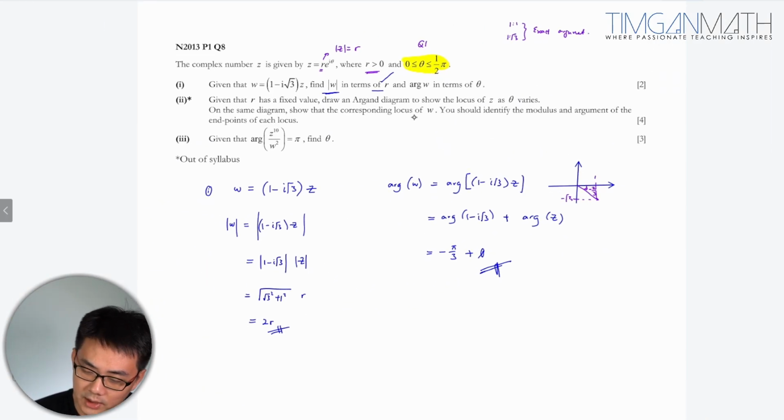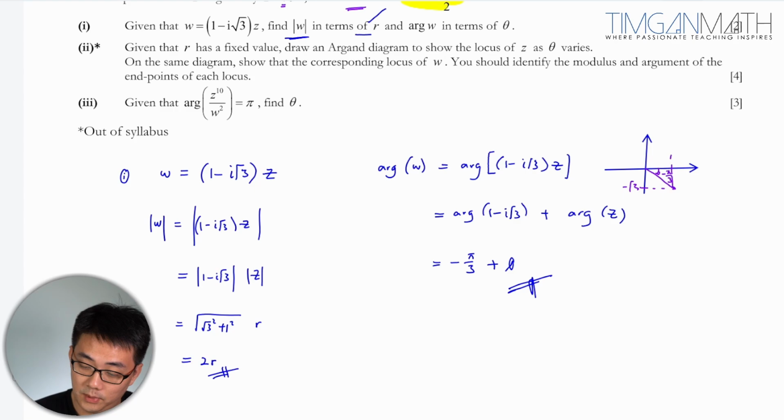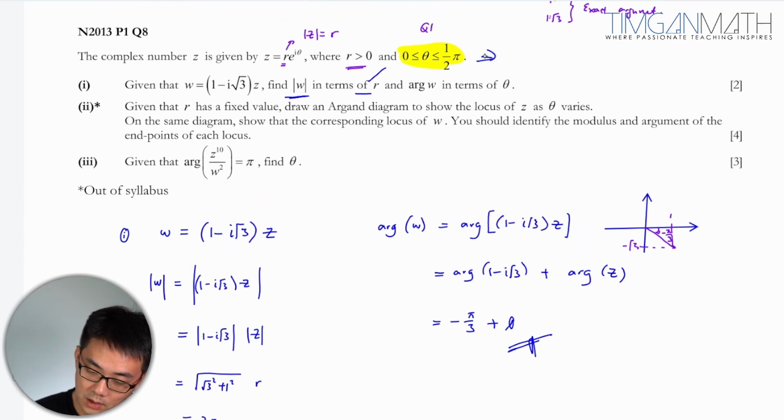Do I need to check whether it is within the principal angle? I don't think so, because theta minus pi over 3, you just minus pi over 3 throughout.